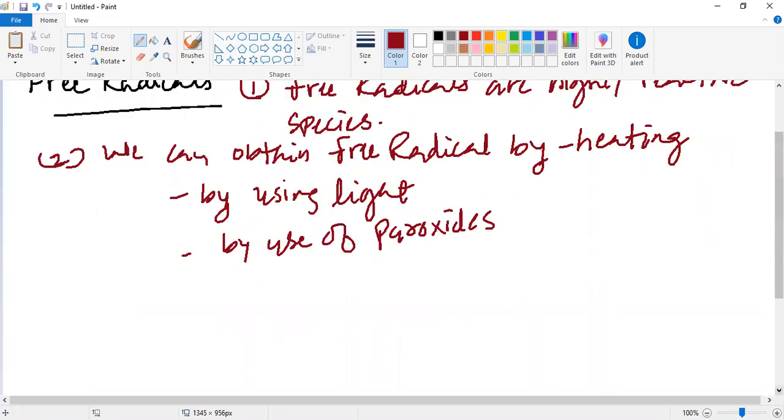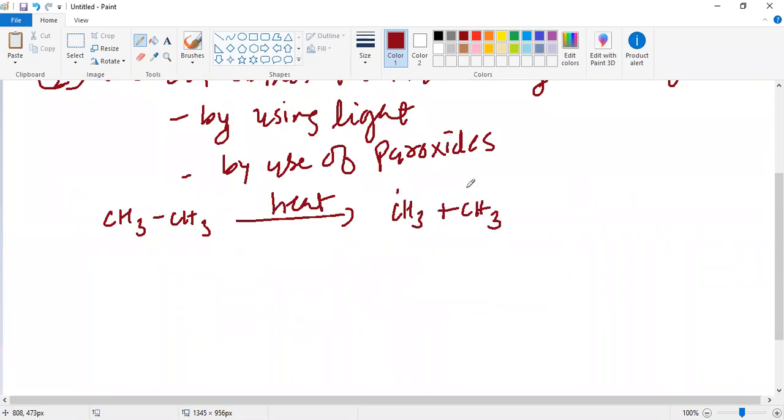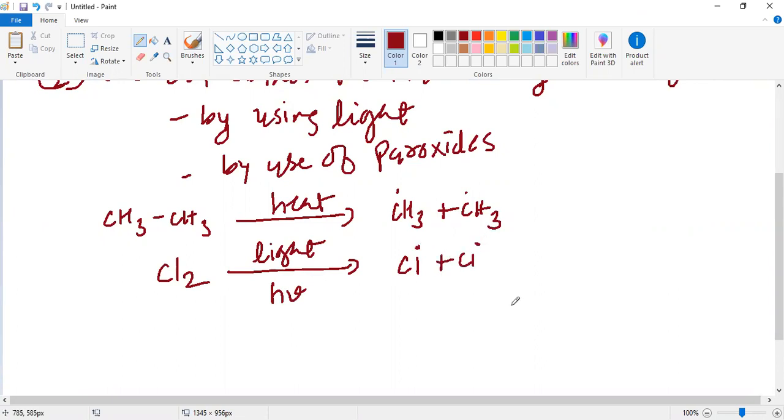So let us see what happens if we have CH3-CH3, and if we just heat it, we will get CH3 free radical and CH3 free radical. Or suppose if we have Cl2, and if we use light, that is what we show as h nu, we get Cl free radical and Cl free radical.